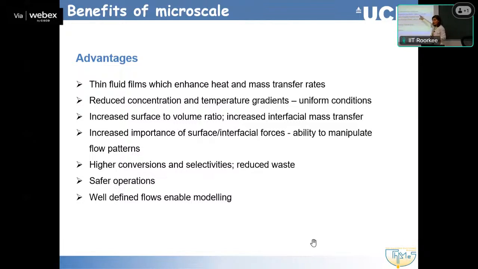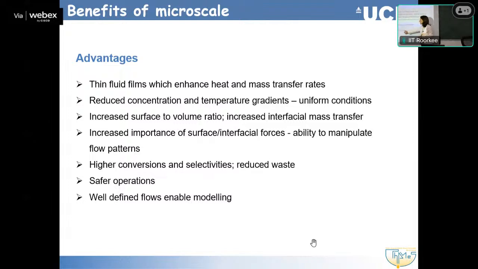Because of all of the above, faster transport rates and uniform conditions, we can have better conversions, better mixing, and better selectivities, and this brings back to efficiencies effectively, and of course, reduced waste. If we have particular chemicals, we have safer operations, much less material to deal with, and fewer non-uniformities, which can bring in temperature problems, for example, that can create unsafe conditions.